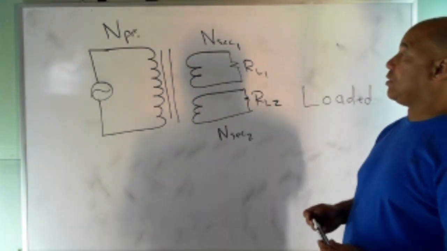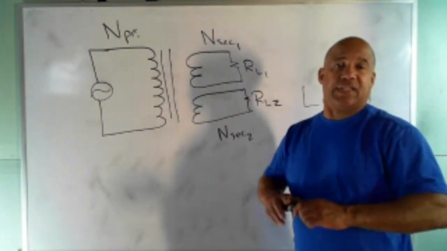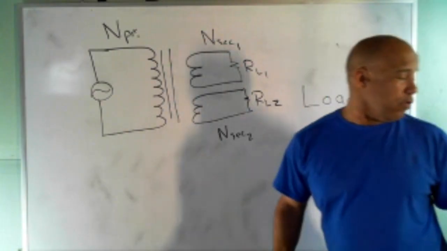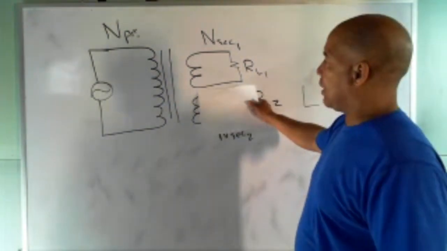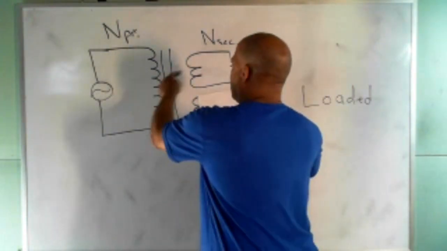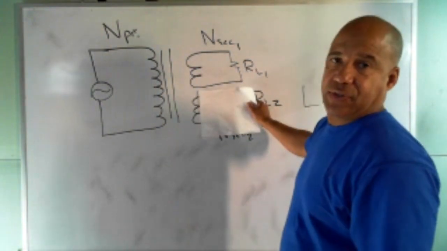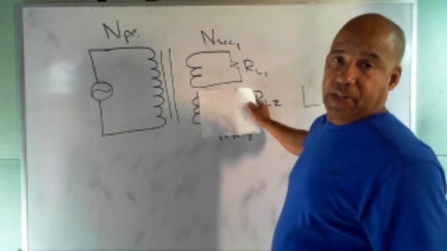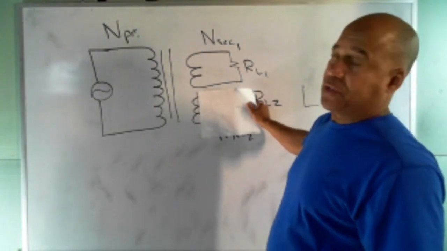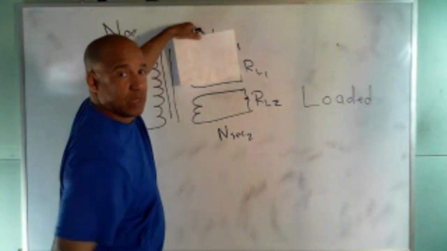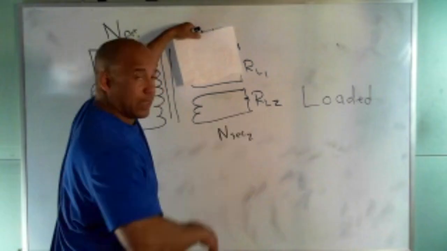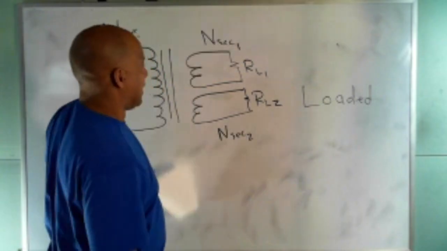If you wanted to do an analysis on this, it's the same as what we've already done. All you do is cover that one up and act like these 2 coils are the only ones that exist, and you do your calculation for that. Once you're done, you cover this coil up and act like these 2 are the only ones that exist, and you do your calculations for that. And then you're done.